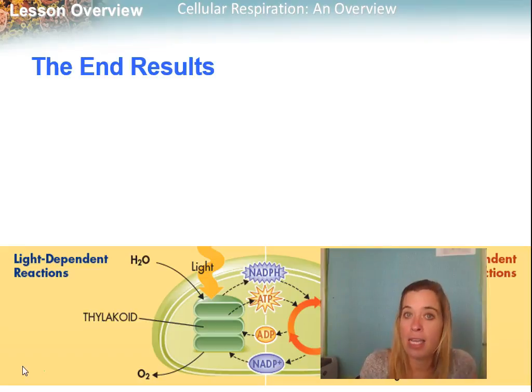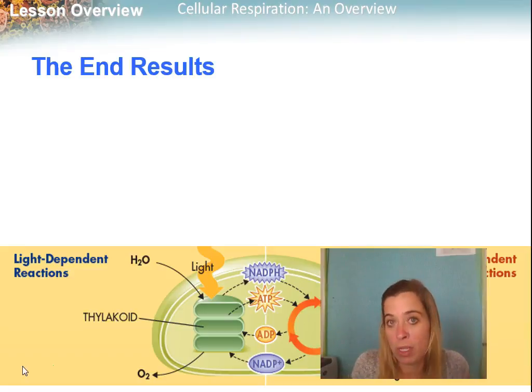Those high energy molecules are used to run the sugar factory called the Calvin cycle. Every turn of the Calvin cycle, one CO2 comes in. Eventually, after 3 spins of the cycle, a 3-carbon sugar is made. After 2 3-carbon sugars are made, they can be combined to make the 6-carbon sugar called glucose.